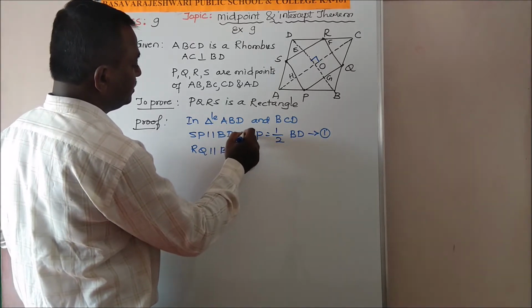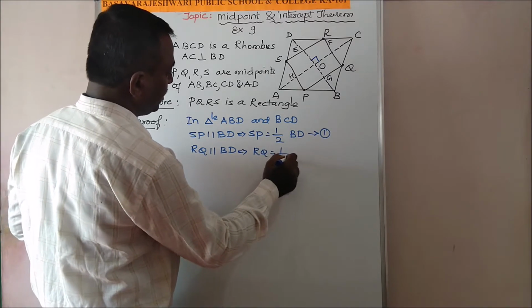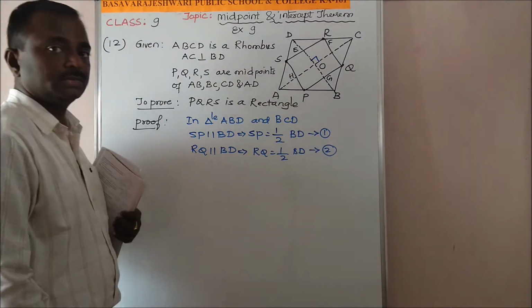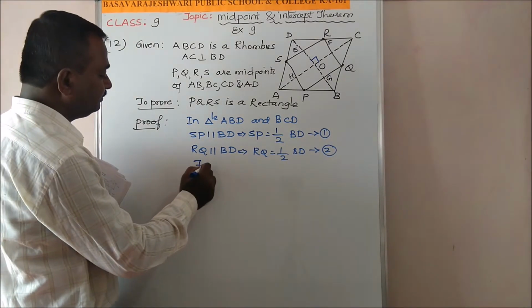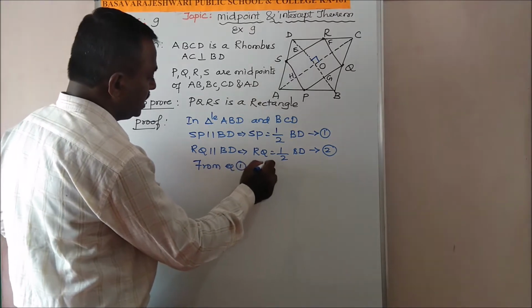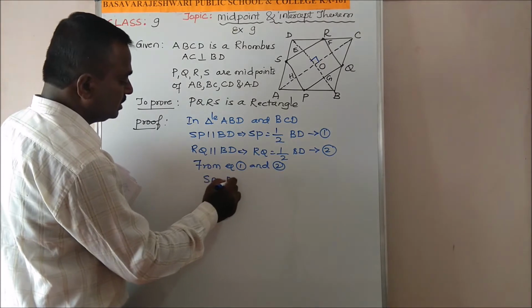This implies RQ is equal to half of BD, by the midpoint theorem. Equation number 2. From 1 and 2, the right-hand sides are equal, therefore SP is equal to RQ.